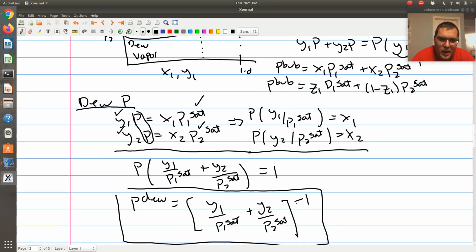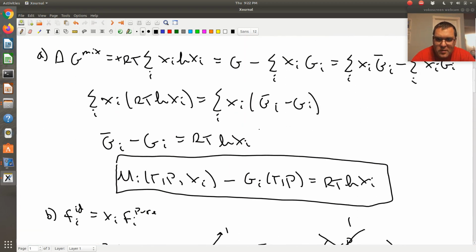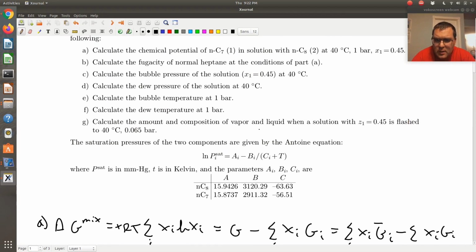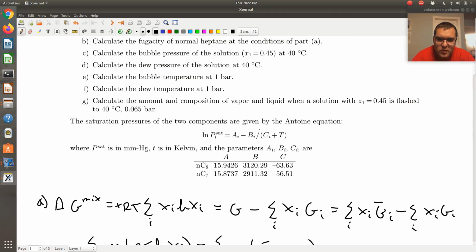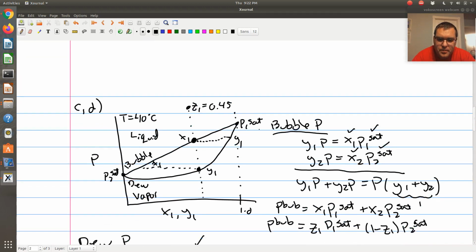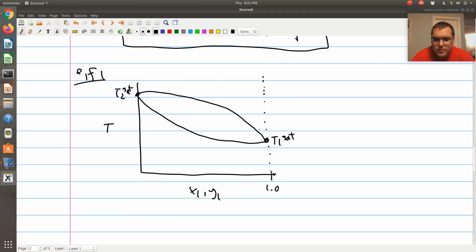So the labeling that we have in E and F is that I'm going to have that same mixture of 0.45 mole fraction, and we're going to have a pressure of 1 bar. So my pressure is constant, equal to 1 bar. I'm going to draw my line of constant composition for Z1 equal to 0.45.